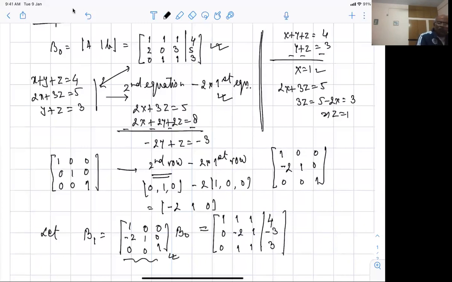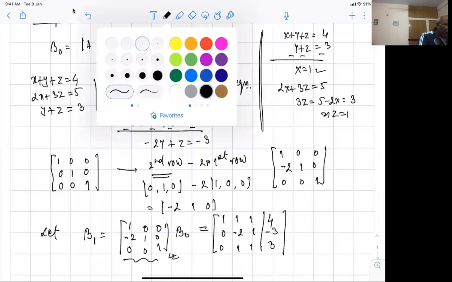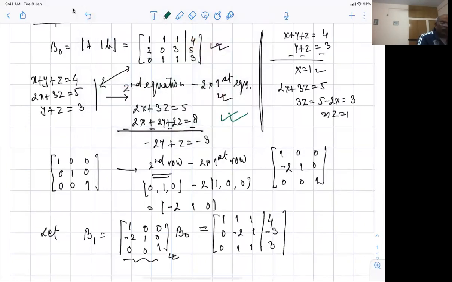All right. So what I'm trying to say is that whatever I am doing, whatever idea I have here for the system of equations, I can achieve the same using matrix multiplication. All right.